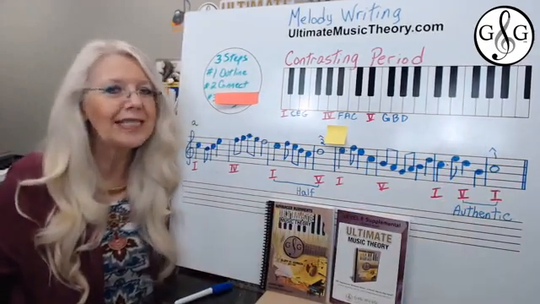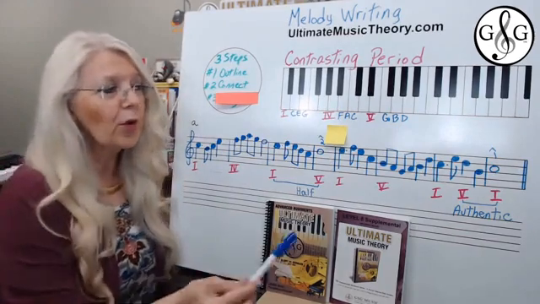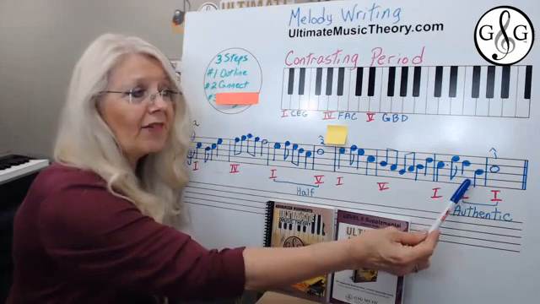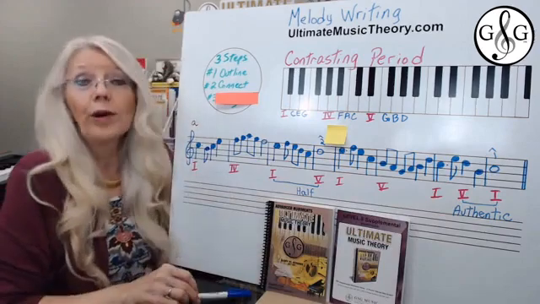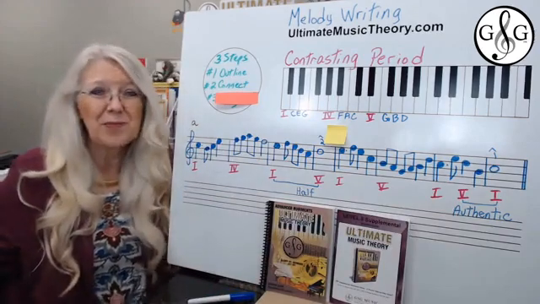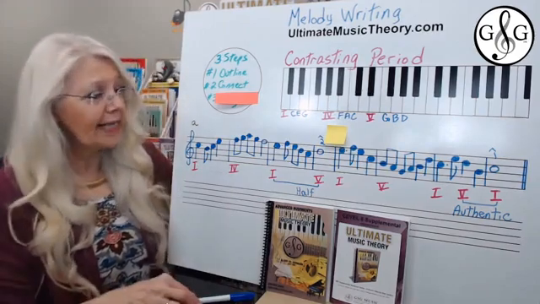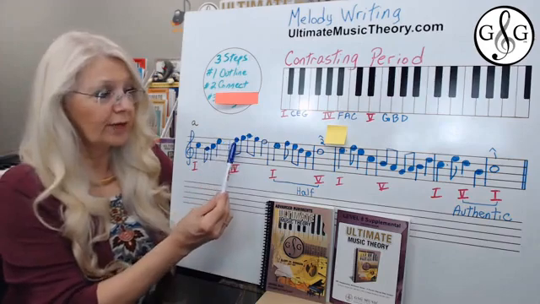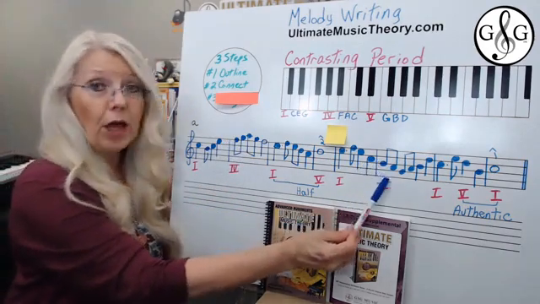So now we notice that we're leading to the final authentic cadence. And here we're moving by step from the unstable scale degree 7 up to the stable scale degree 1 or 8, right? It's just the upper tonic. So now that we have our second phrase, we see that we've used passing neighbor tones, and we've used passing tones, and we notice that we've used a different melodic pattern.